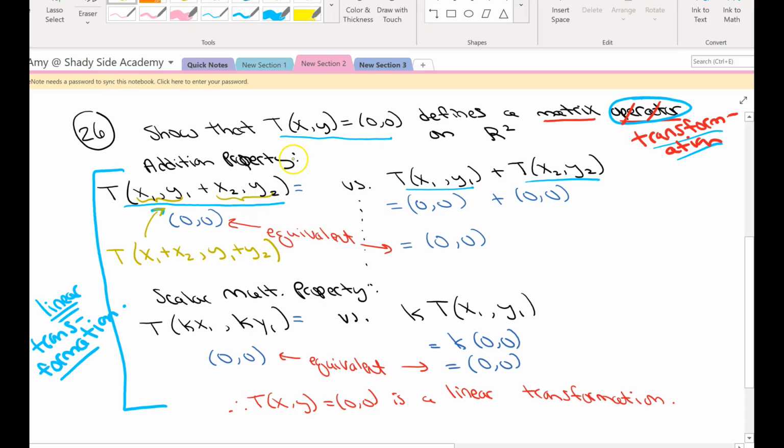Well, the rule of this transformation says whatever the ordered pair is in the parenthesis, the image is always going to be 0, 0. So this ordered pair has this as the x coordinate, this as the y coordinate. The output is 0, 0.